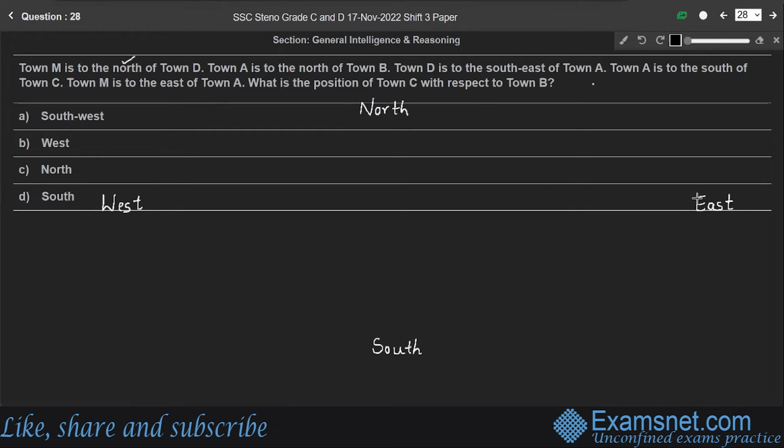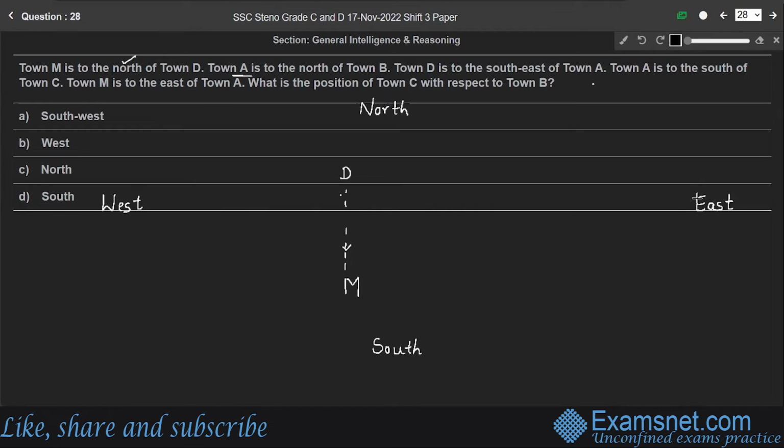Question 28. Town M is to the north of town D. So we have considered the directions here. We'll consider town D somewhere here, and town M is to the north of town D. Next, town A is to the north of town B. So where exactly is town B?